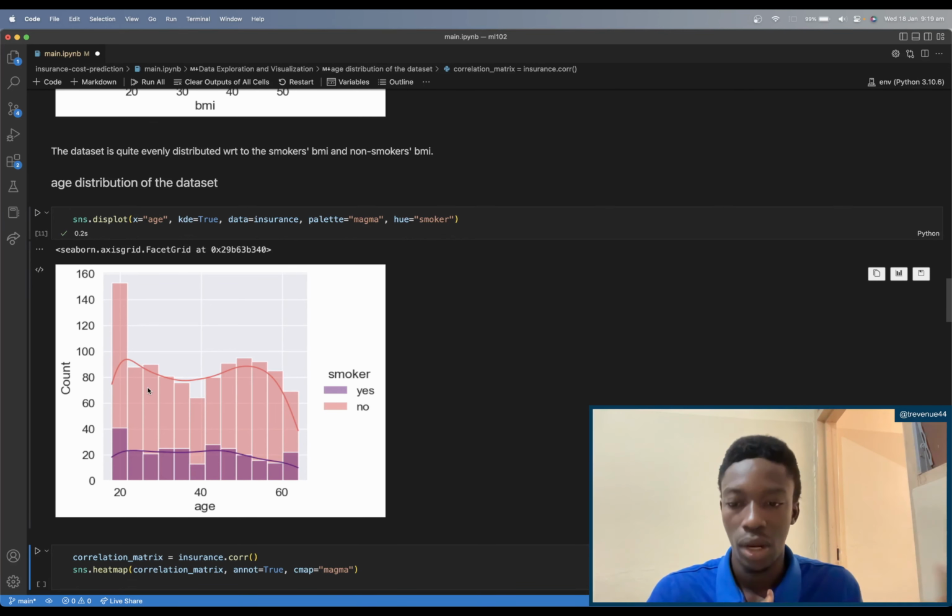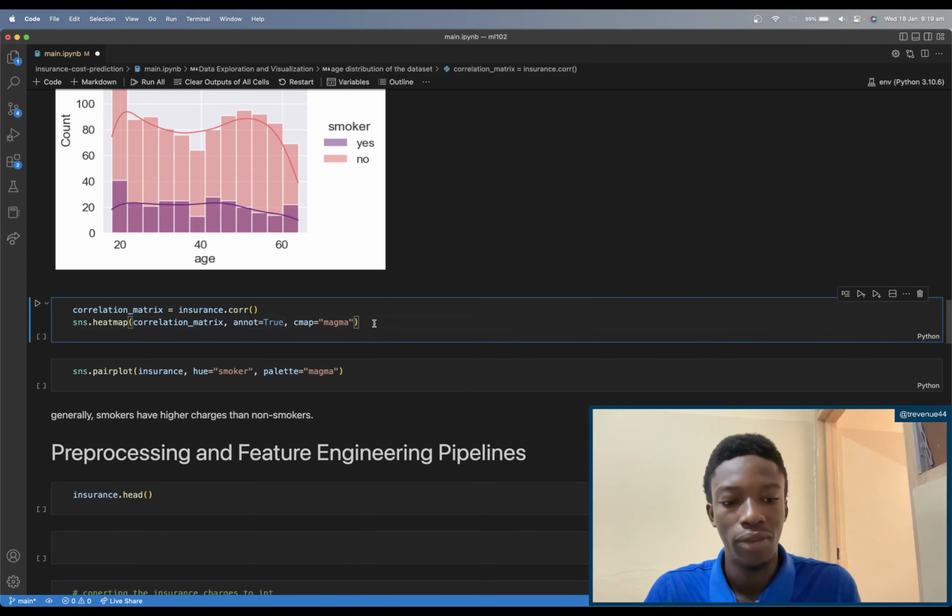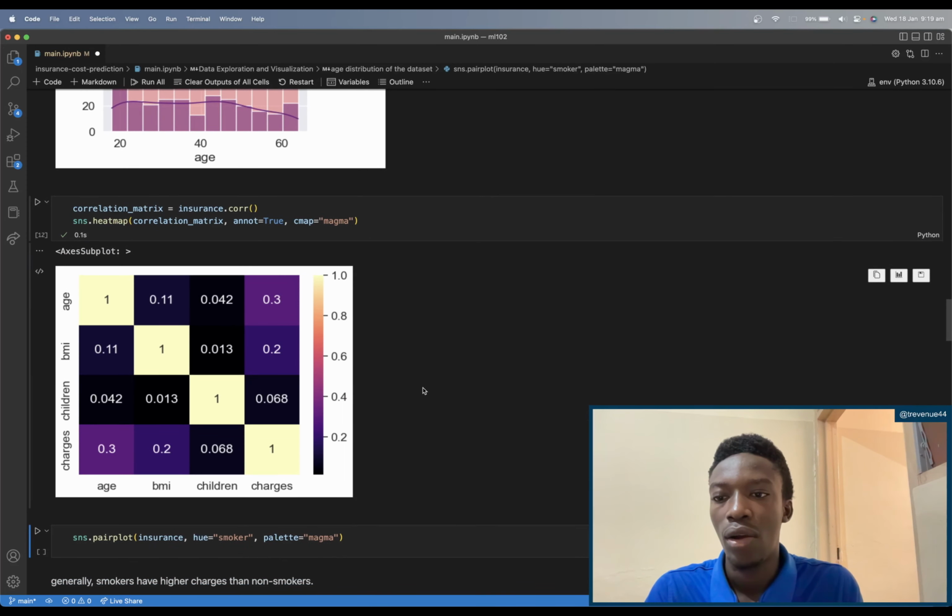Then I tried doing a correlation plot to just check how the columns are related to each other. And looking at this very carefully, you realize that the highest correlation I actually got here was 0.3. Looking at the charges column, the charges are positively related to the age.